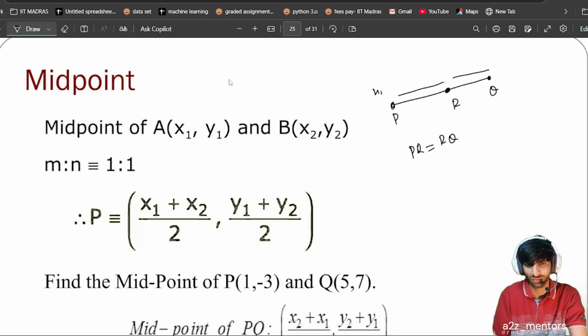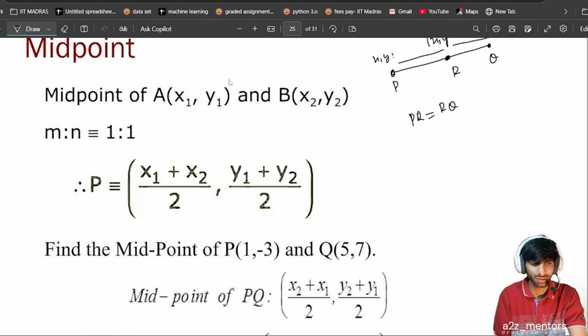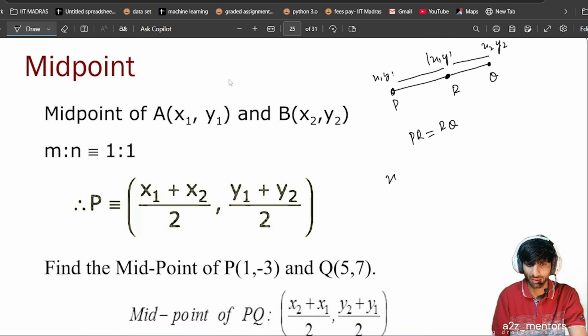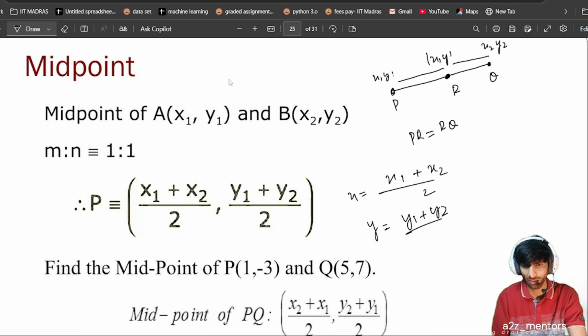If this is x1, y1, and this is x2, y2, and this is x, y, how will you get the value of x, y? Simple: x is x1 plus x2 divided by 2, and y is y1 plus y2 divided by 2.